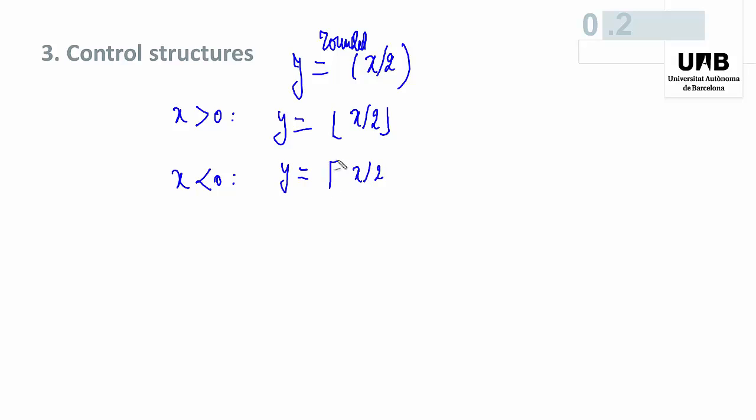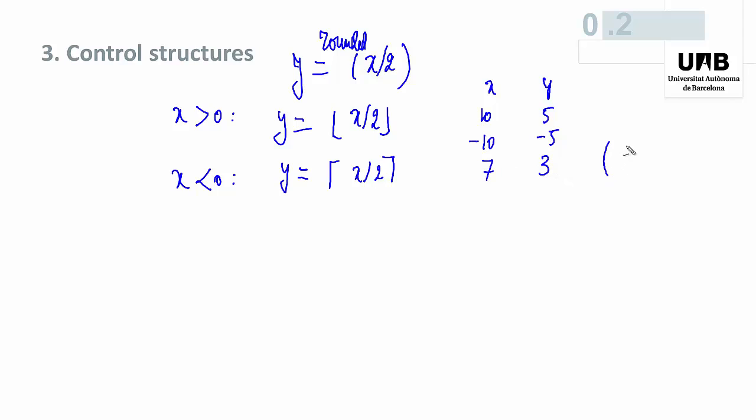by 2. I mean that if x is equal to 10, then y will be equal to 5. If it is equal to minus 10, minus 5. If x is equal to, let us say, 7, then y will be equal to 3.